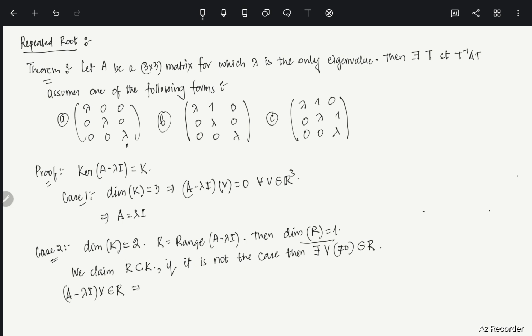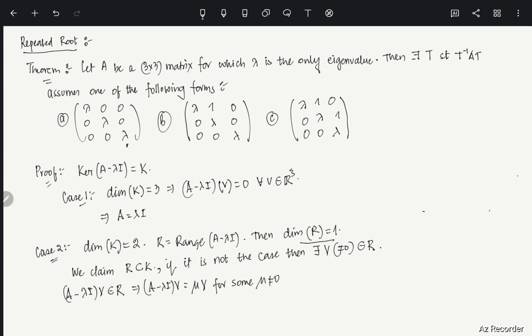So that will imply (A minus lambda I)V will look like some mu times V, right? V is not the zero element in R, and since the dimension of R is 1, we can think of the basis of R as just containing V, because V is non-zero. So I can just write it as mu times V, for some mu non-zero.